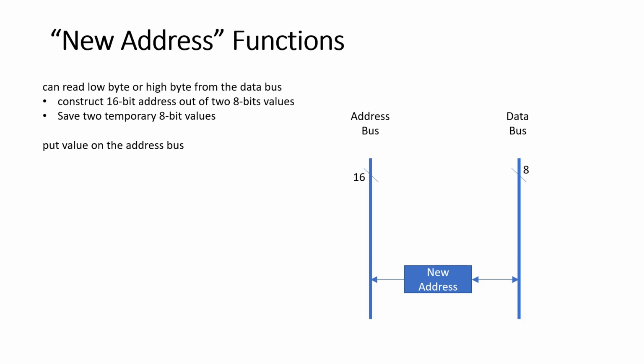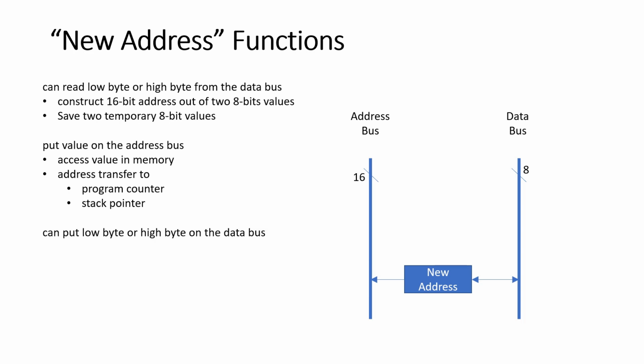It is capable of putting those values back to the address bus so that from those two 8-bit values there is a single 16-bit value which can either access a value in memory directly for certain addressing modes, or it can transfer that address to the program counter or the stack pointer, while these two registers are capable of reading the value from the address bus.